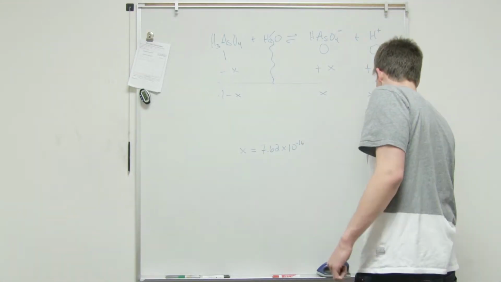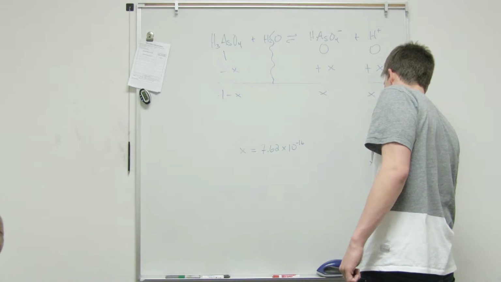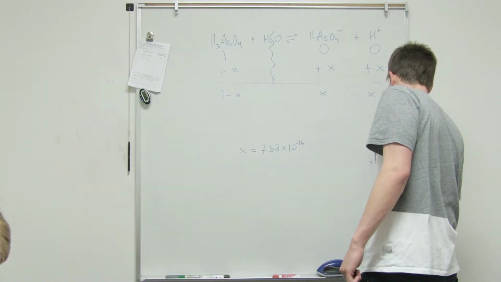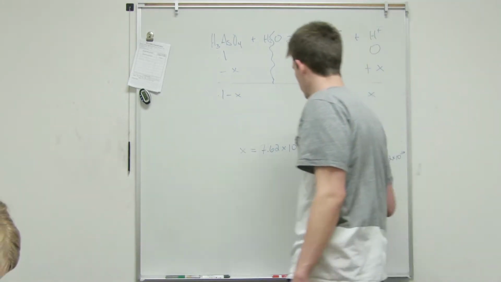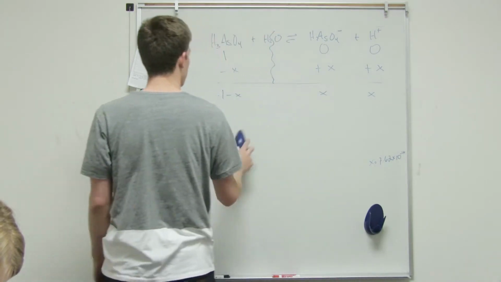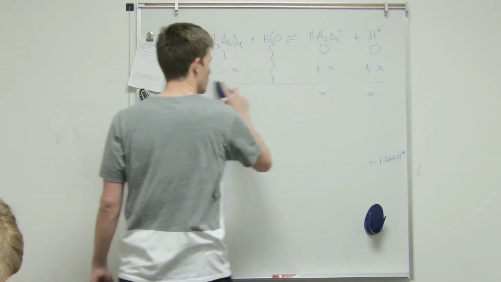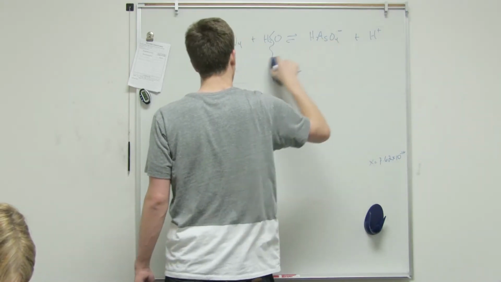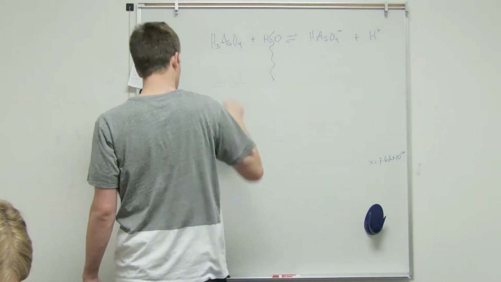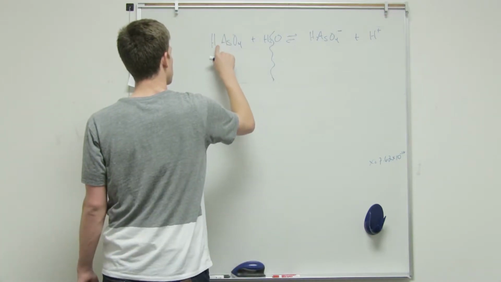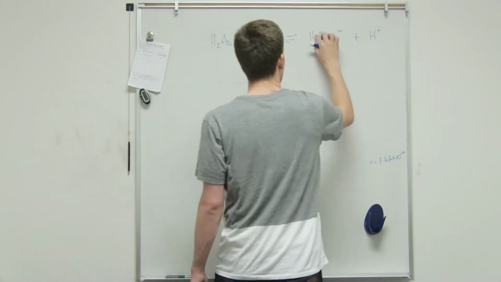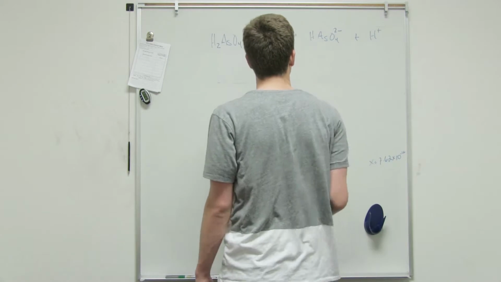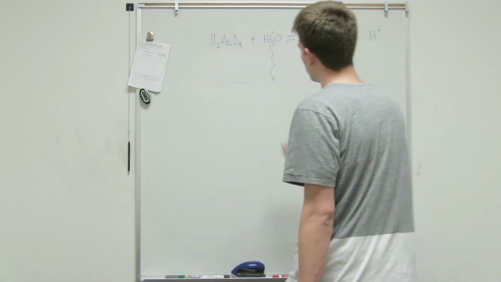Okay, so then it's H2AsO4 minus plus H2O gives you HAsO4 2 minus plus hydronium. So H2AsO4 minus. You missed the minus.